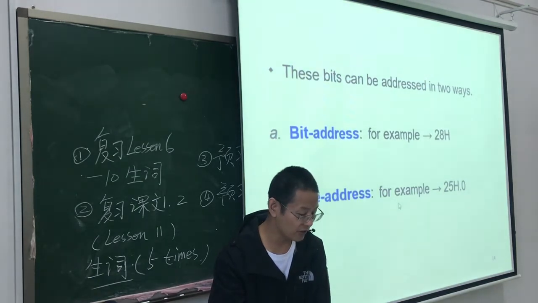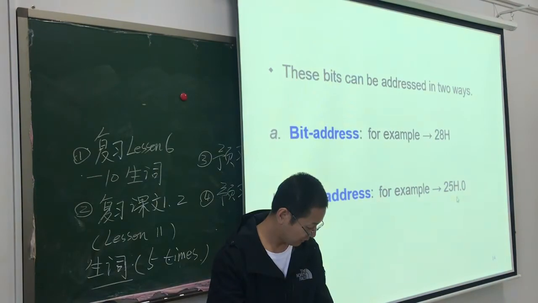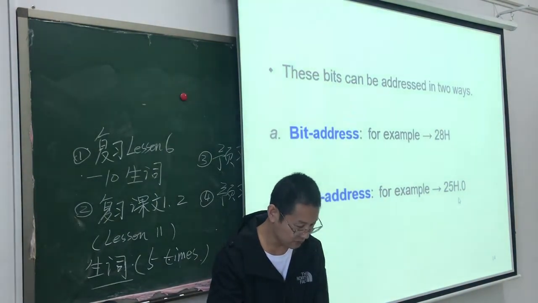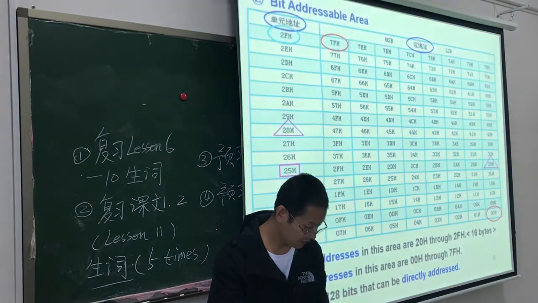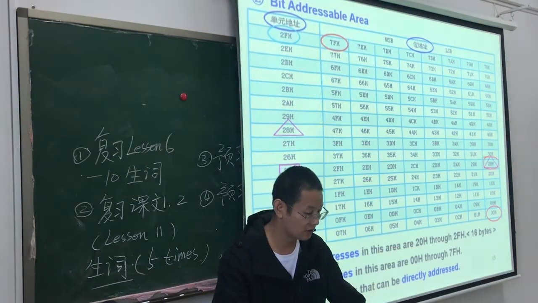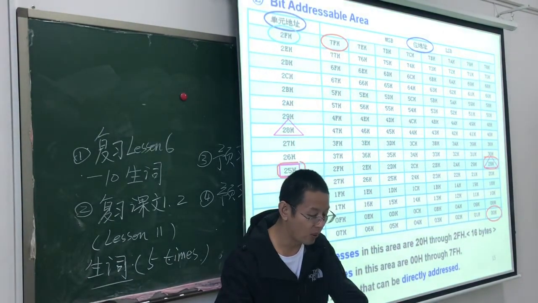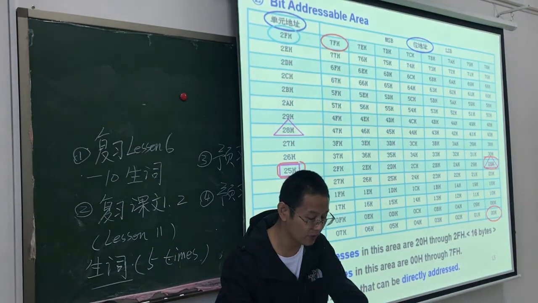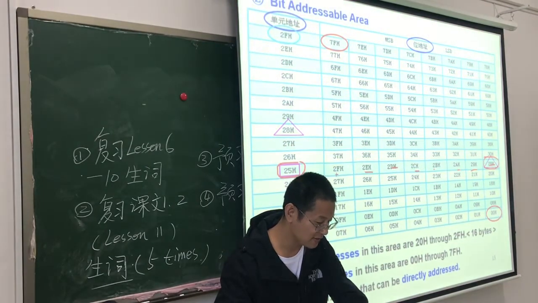Byte address, for example, 25H.0. We can see from the picture: bit address 28H equals byte address 25H.0.